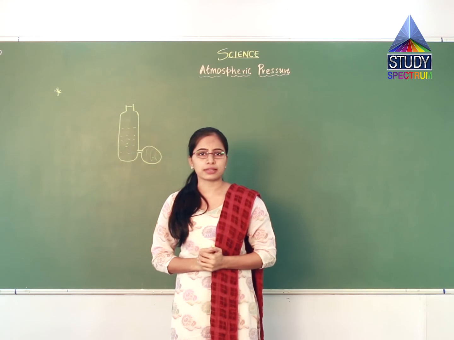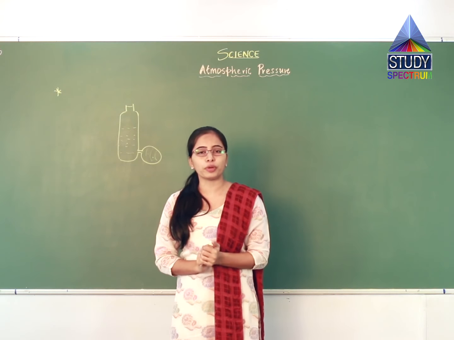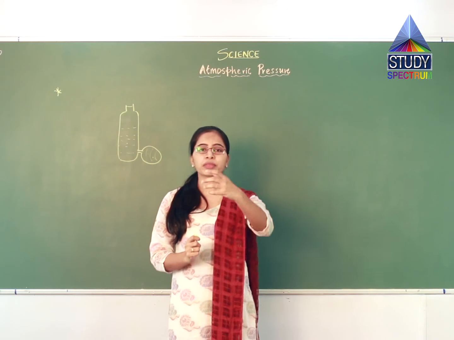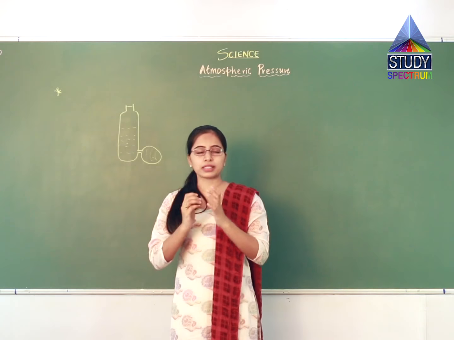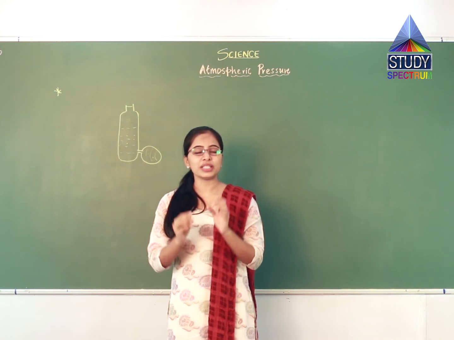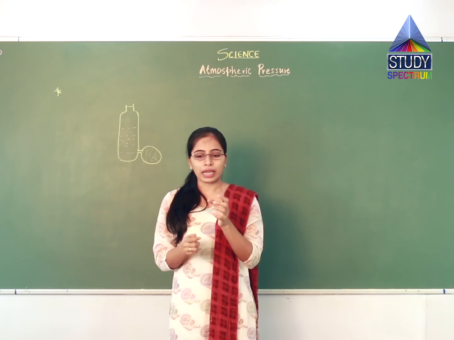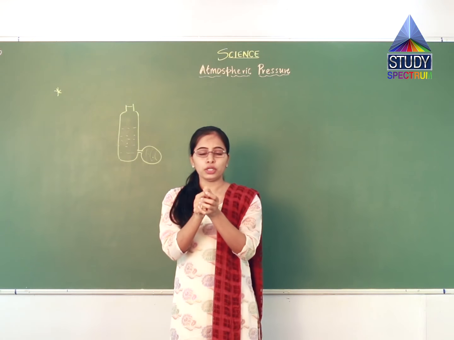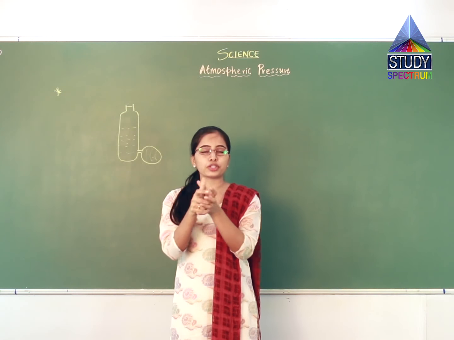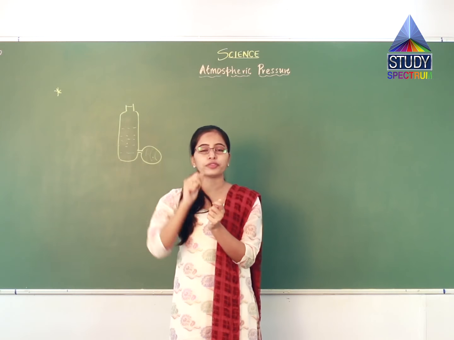Now what about gases? Here is a simple experiment that you can also perform with another bottle. Take a plastic bottle or a Bisleri bottle, the empty bottle. Now press the bottle so that the surface of the bottle goes in. Now fit the cork on the bottle.